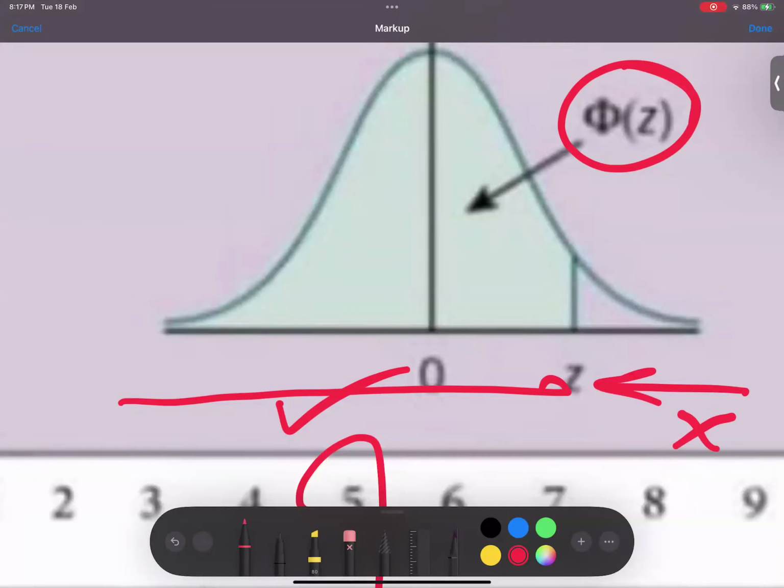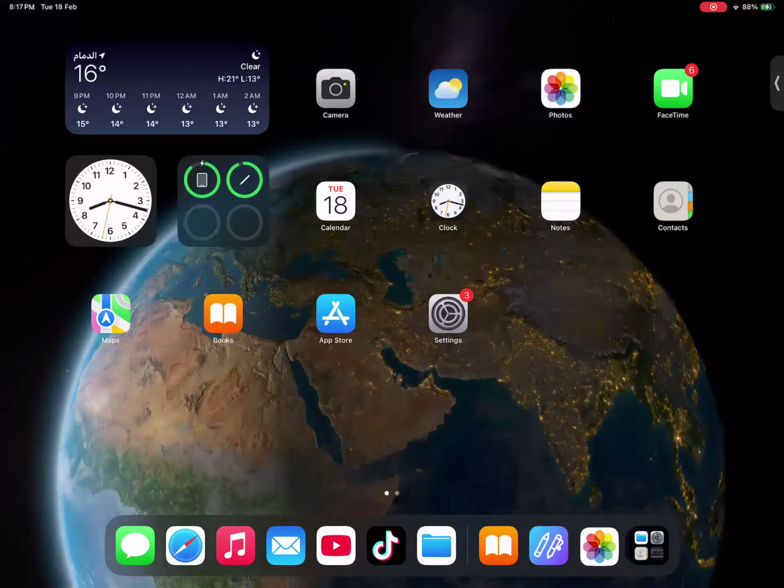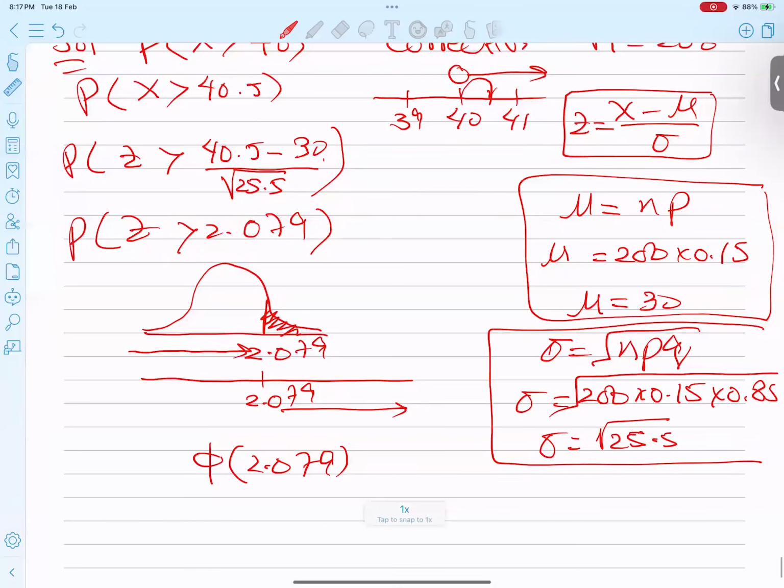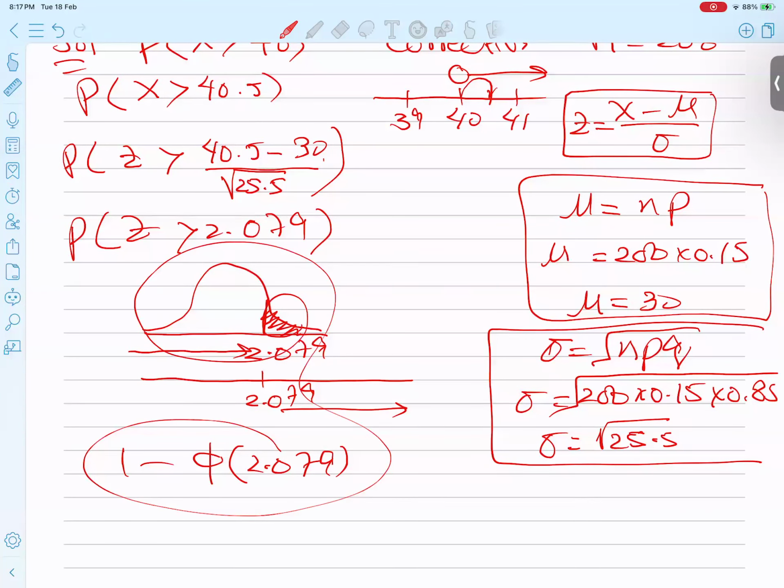That is why when we see this normal distribution table, it gives us a white region, but I don't need the white region. I need this region. The full area is 1, you know it very well. So 1 minus this. This will give us the white portion, and 1 minus this whole will give us the reddish part. So this gives the probability.